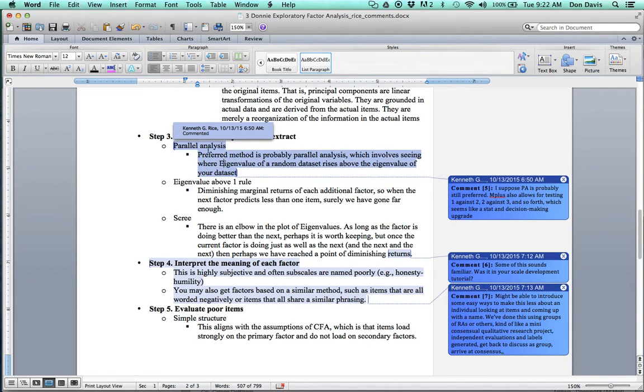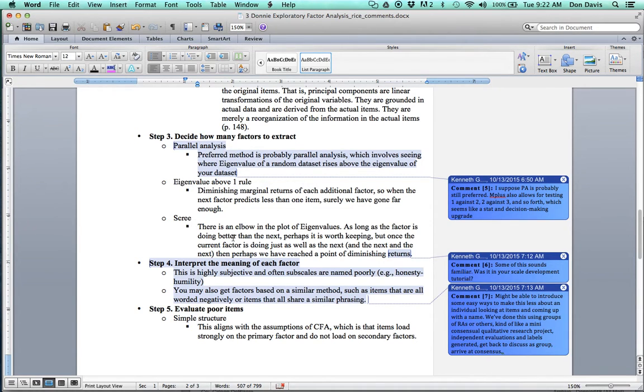So that's the logic of parallel analysis. The eigenvalue above one rule is somewhat similar, but it's usually a little bit more lenient. So with parallel analysis, that crossover tends to happen a little bit sooner.